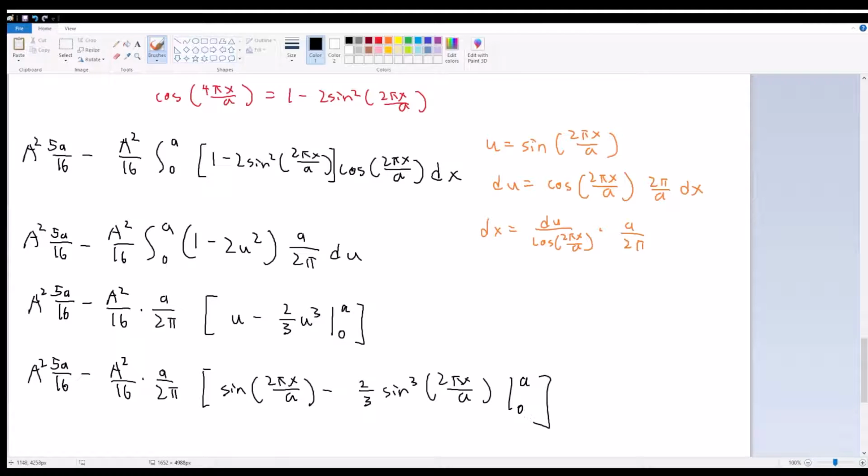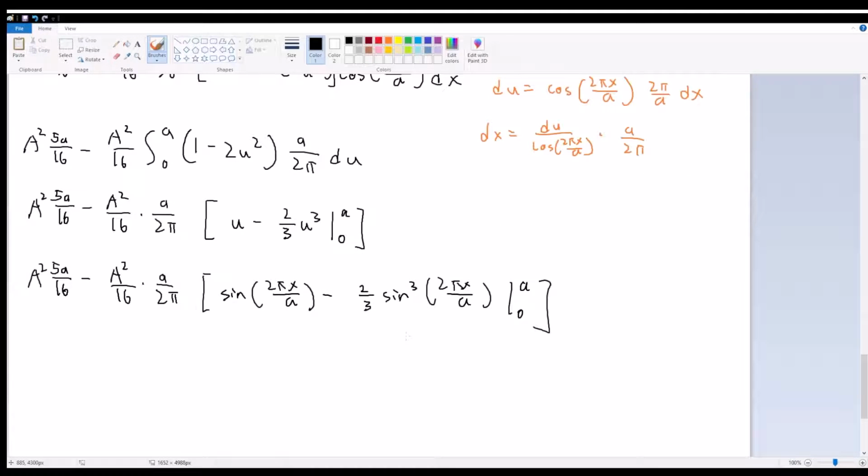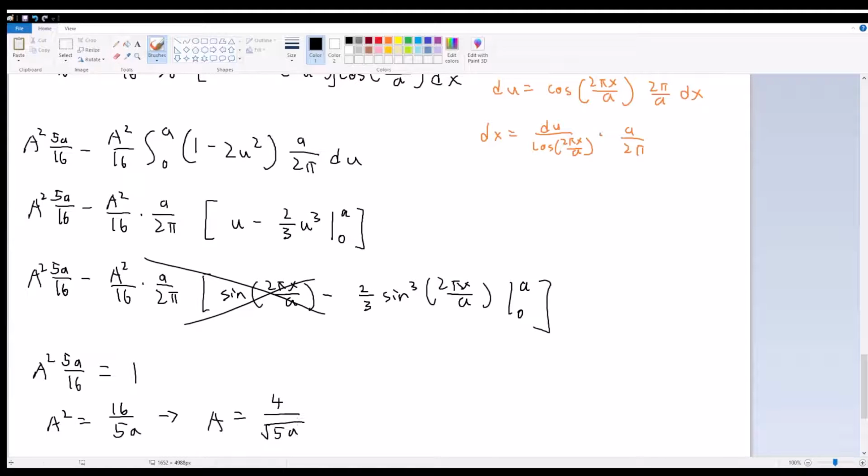And here, recognize, if we plug in a, then we get sine of 2 pi on both sides that both go to 0. If we plug in 0 for x, we get sine of 0 and sine of 0. Also, both go to 0. So this entire term down here is also equal to 0. So what we're left with is just a squared 5a over 16 is equal to 1. So that means a squared is equal to 16 over 5a, or a is equal to 4 over square root of 5a. And we have found the normalization constant.